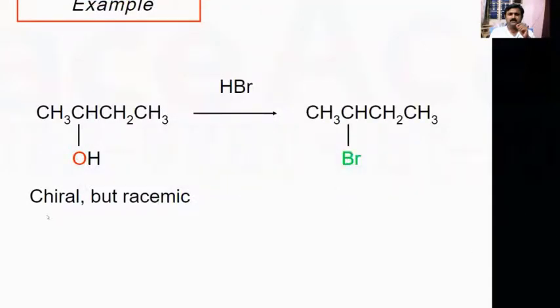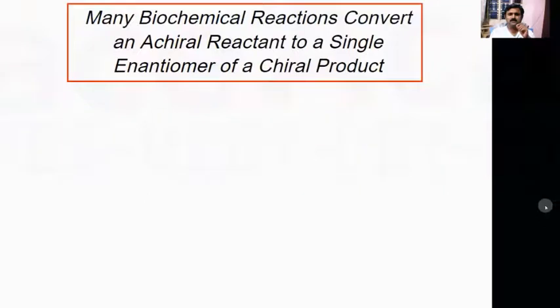For example, if you observe, this is an alcohol, 2-butanol, but racemic. After the reaction you got the bromo compound, but it is also racemic. Many biochemical reactions convert an achiral reactant to a single enantiomer of a chiral product.